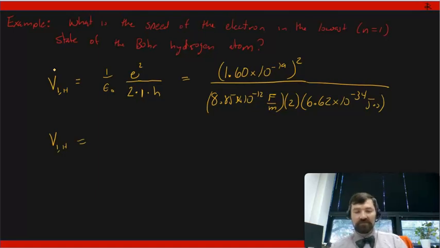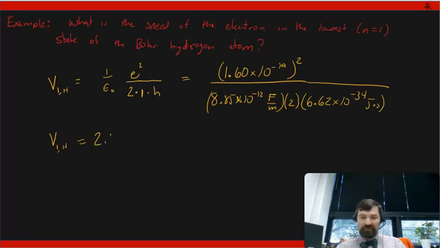Oh, out comes the calculator. So 1.6 squared divided by 8.85 divided by 2 divided by 6.62. So this would give us a speed of about 2.184.